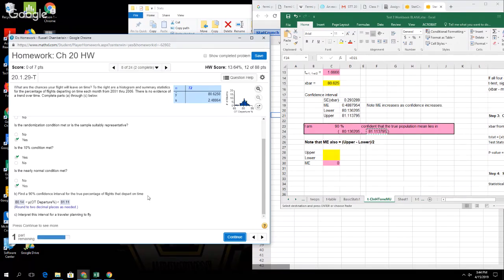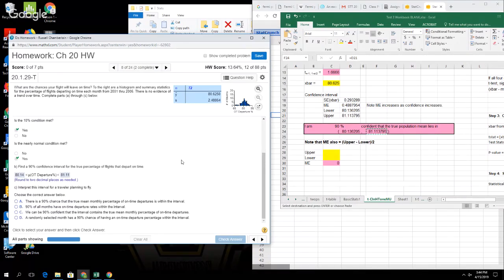Okay, interpret the interval for a traveler planning to fly. Yep, there it is. There it is.